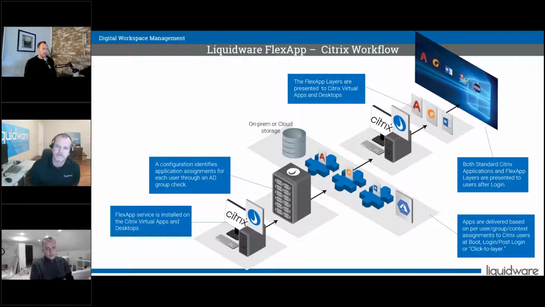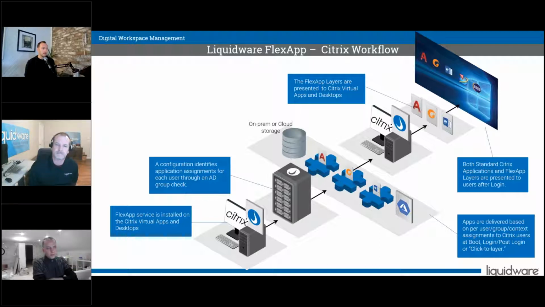Yeah, I mean, it's pretty simple. So obviously you would need your FlexApp service installed on your VDAs or your master Citrix image. It is just a service, usually lives out in the netlogon shares for the built-in redundancy. Can also be deployed by a GPO.